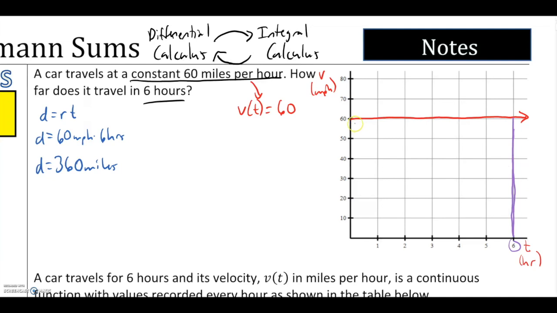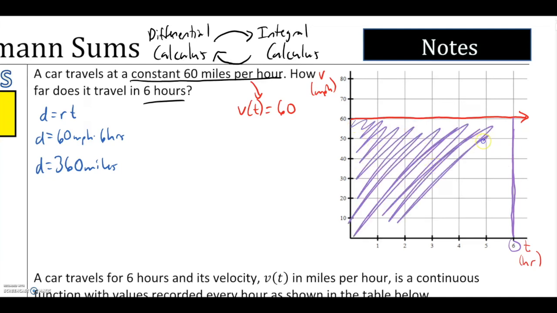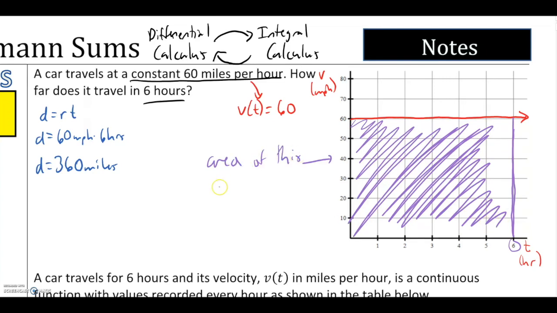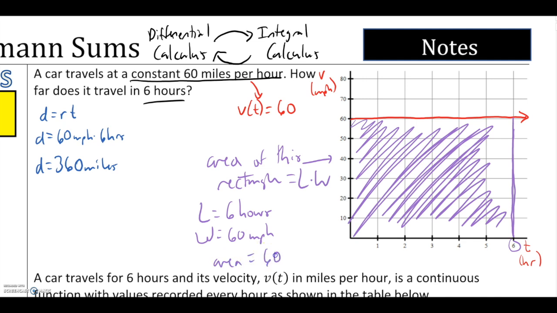Notice that if we just treat that as one big rectangle, the area of this rectangle would equal length times width, with a length of 6 hours, and a height of 60 miles per hour. The overall area would equal 60 times 6, or 360 miles.